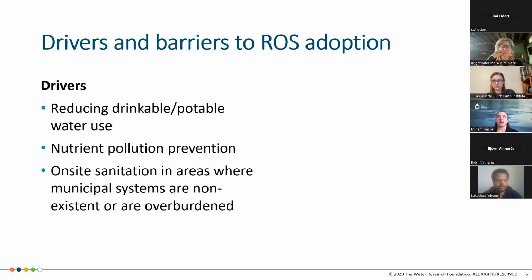So a few of the drivers, I mentioned a couple of them, but right now in the US, we're looking at first reducing the drinkable or potable water use. So there's water that's being flushed that's at a drinkable level, why are we treating it to that level? Can we reduce the consumption amount, or can we be more efficient with how we're utilizing our resources? The second Ari previously mentioned was nutrient pollution prevention.